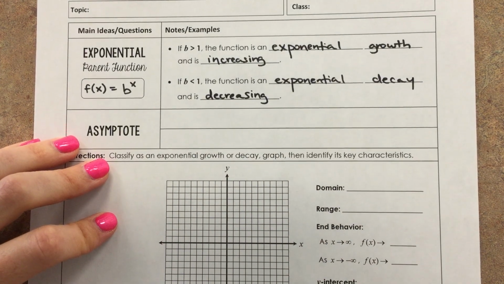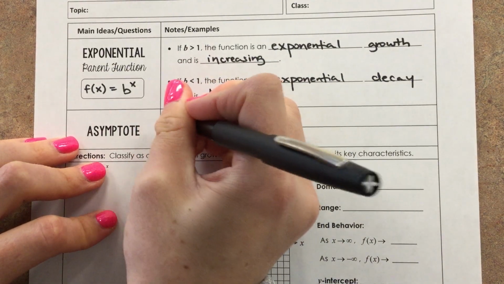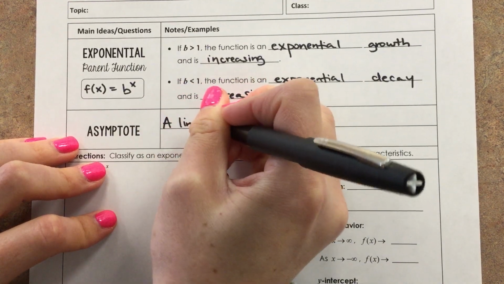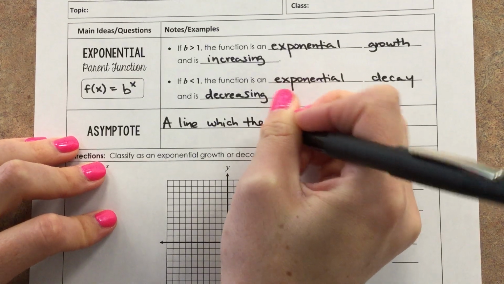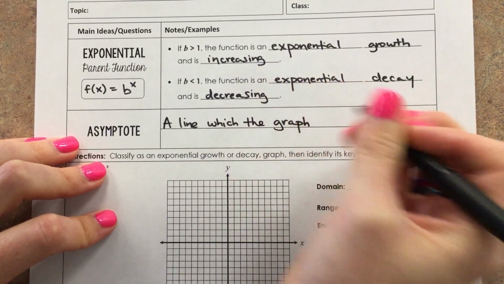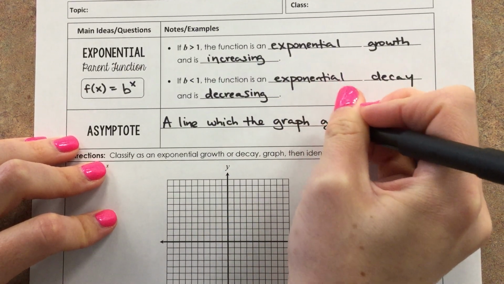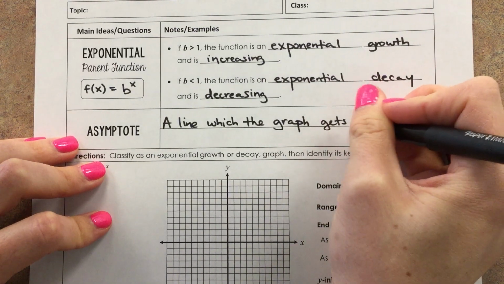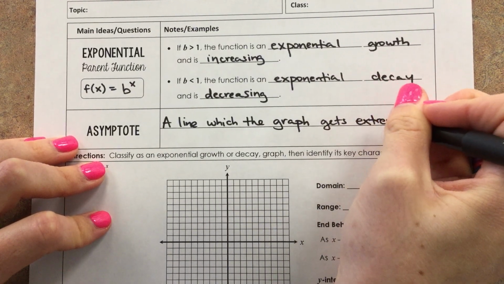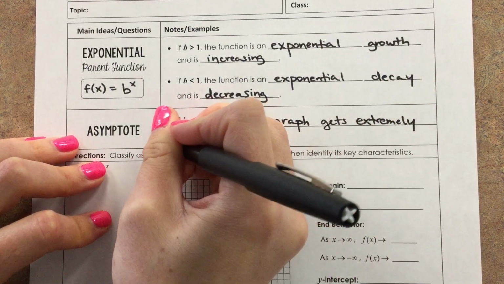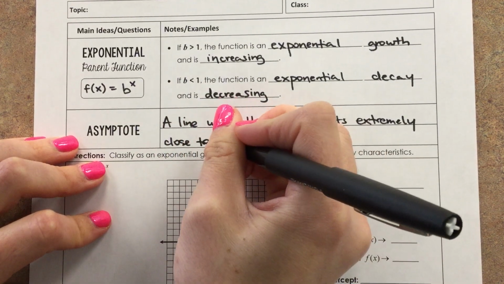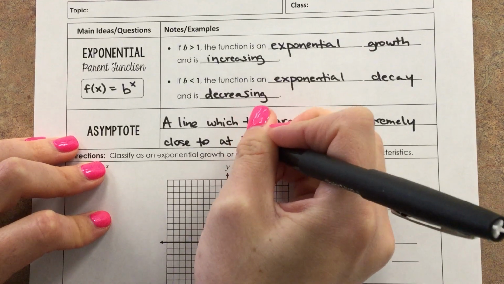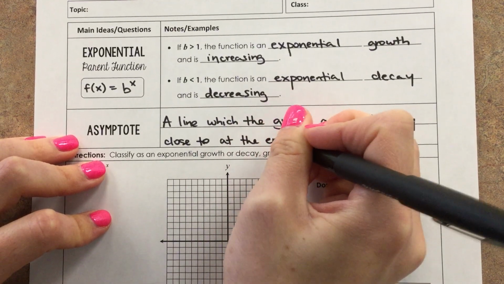And an asymptote is a line which the graph gets extremely close to at the ends of the graph.